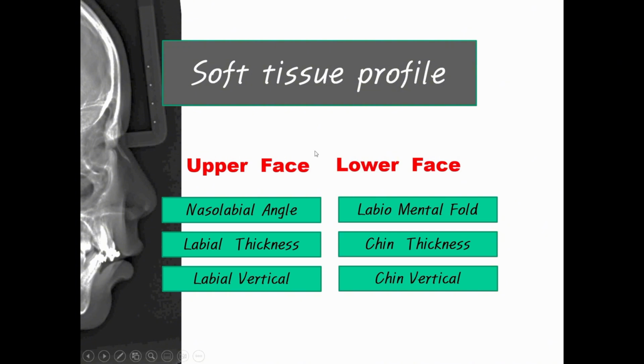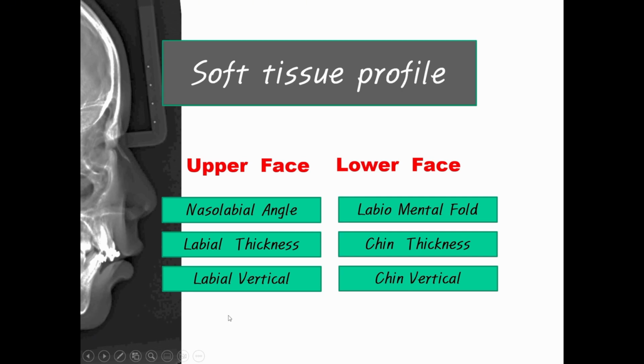And then in the lower face, the labiomental fold, this angle, this line and this line, is a common one. But they didn't check chin thickness. Chin thickness is this one, okay?